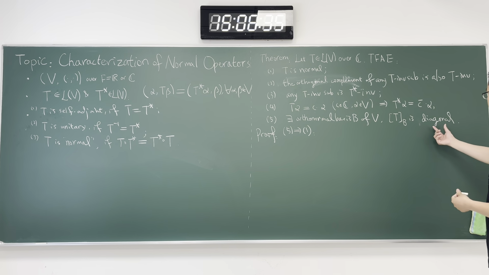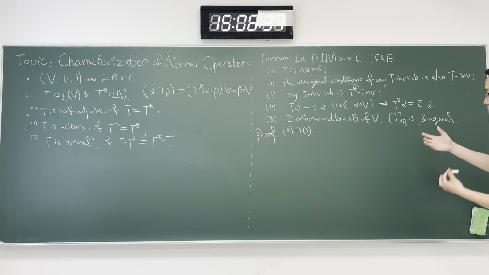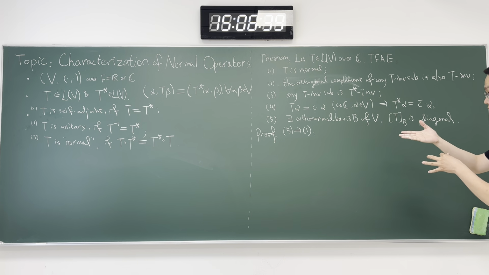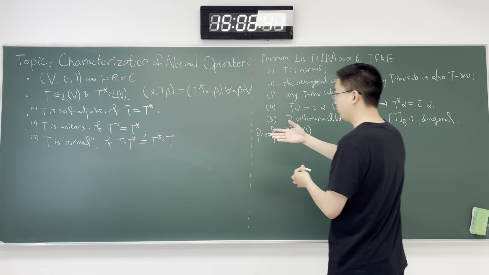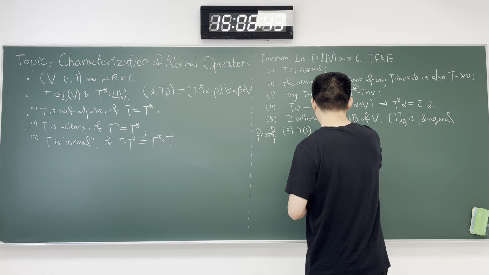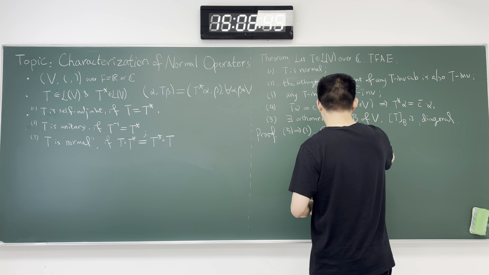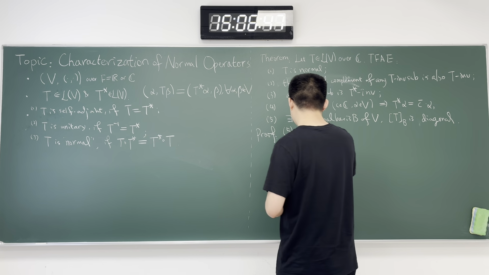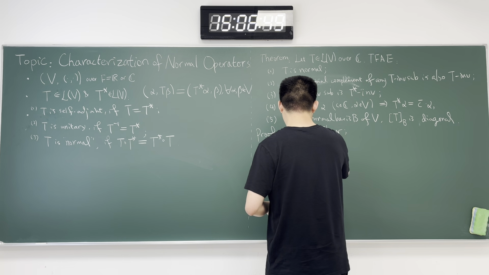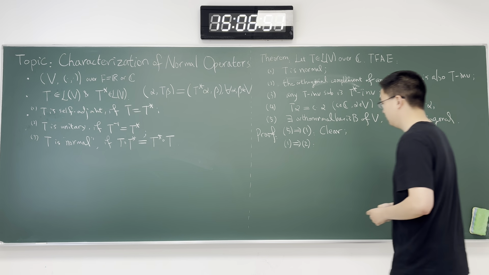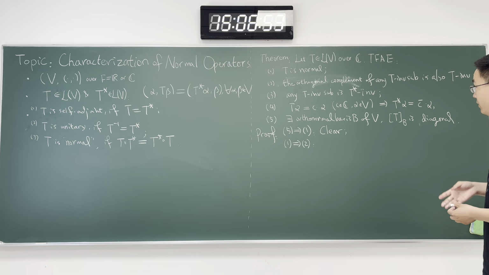Since it's a diagonal matrix, it must commute with its adjoint. So the normality is easily checked here. Second is to check 1 implies 2.